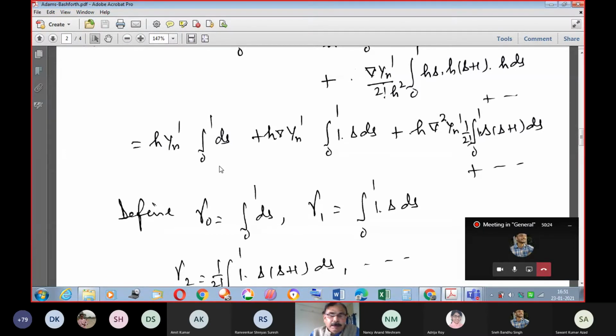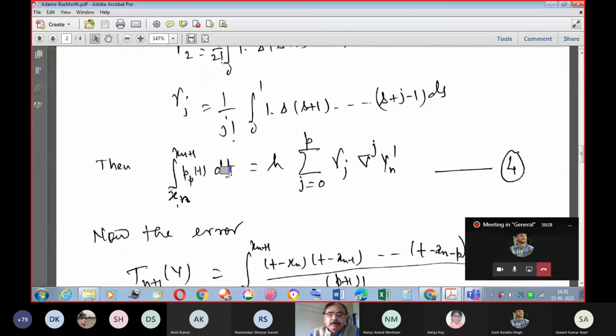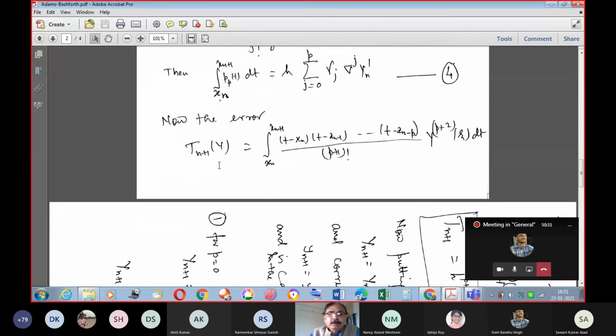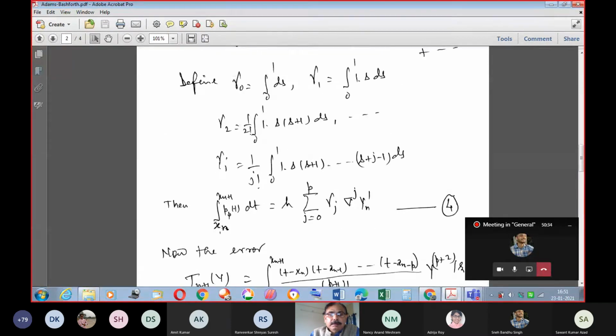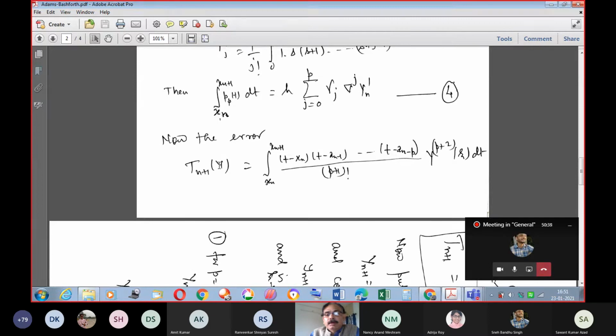Next term will be your gamma 1, and the power will be, because p is 0, it is gone. Oh, it cannot be shown here. That's a basic trouble.